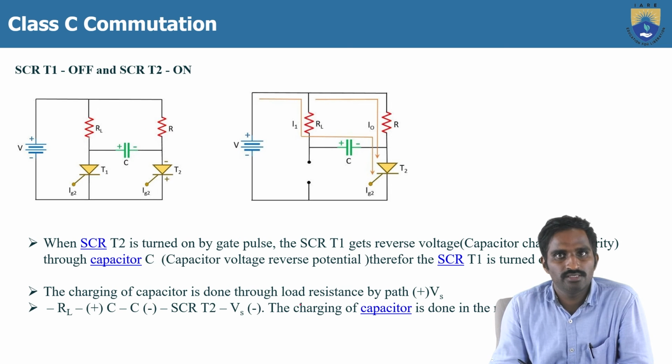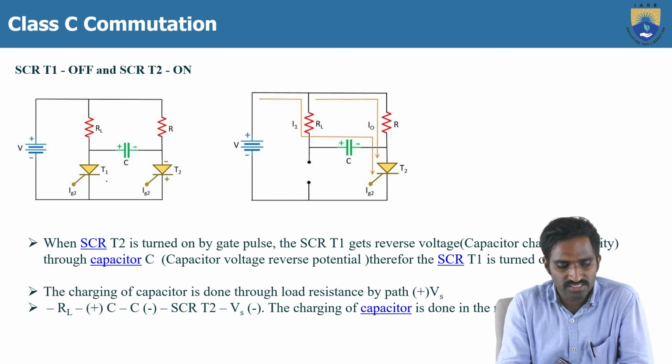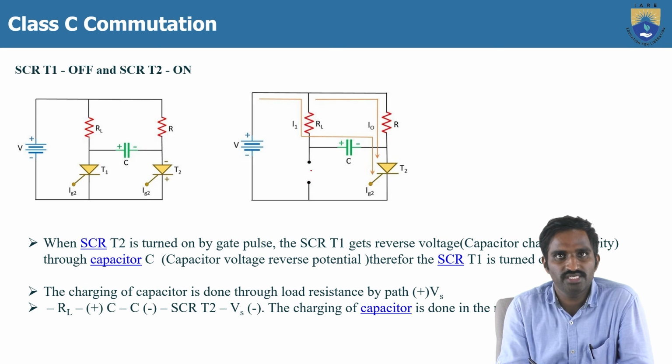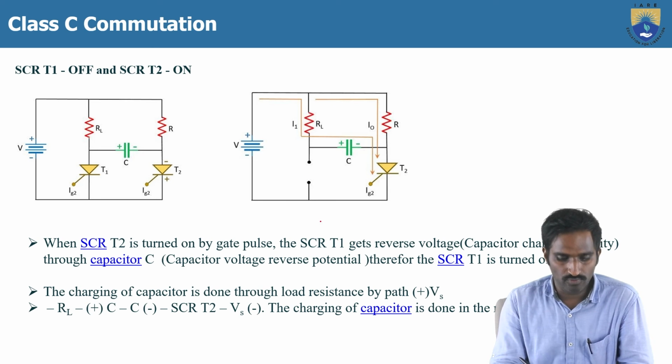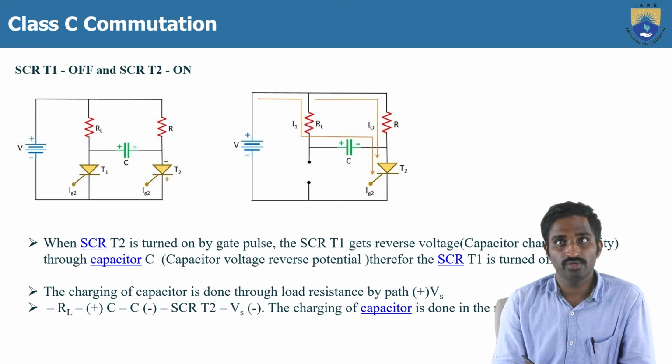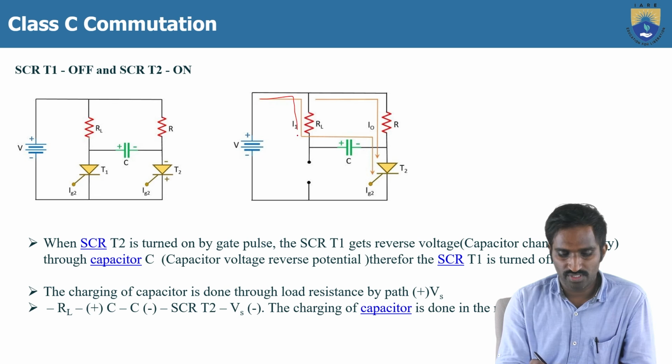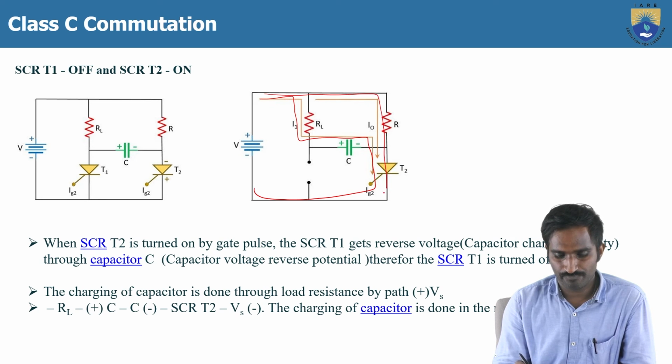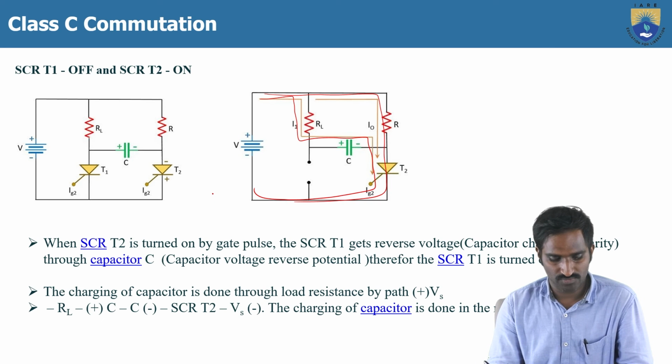That's why the thyristor T1 gets turned off. Then the load current will flow here. There are two different types of currents flowing here: one is through from here to here to here, and another one is from here to here.